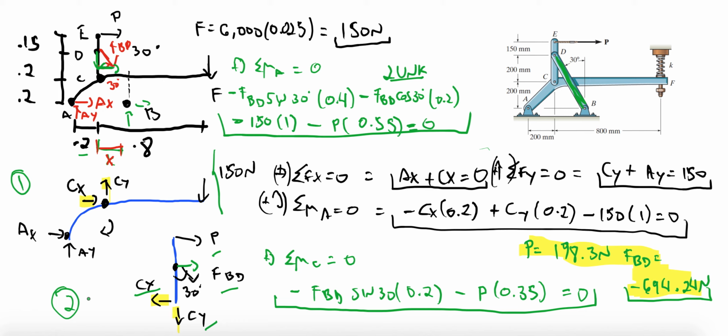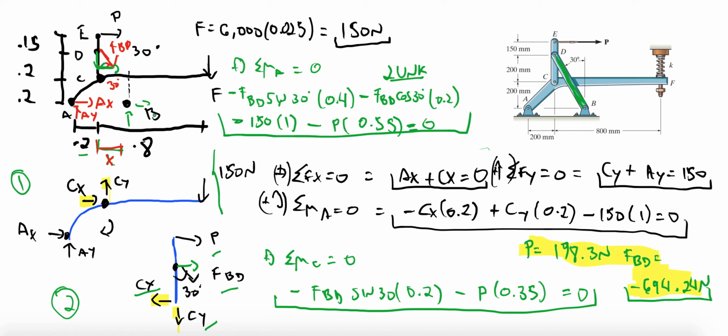And the last thing I wanted to mention is, every time you go through these problems, with the main assembly you're able to get three equations out of it. You could do sum of the forces in the x, sum of the forces in the y, and sum of the moments about some point in the mechanism, right?